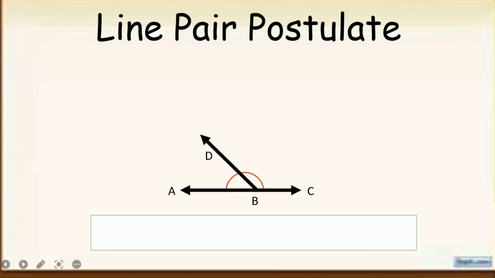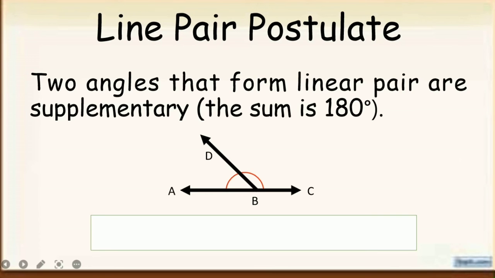So, linear pair postulate. So, si linear pair postulate po are two angles that form linear pair. Two angles that form linear pair are supplementary, which means the sum of these two angles is 180 degrees.